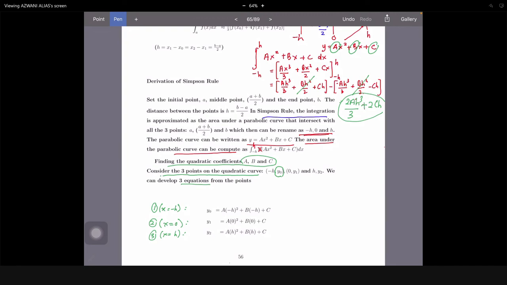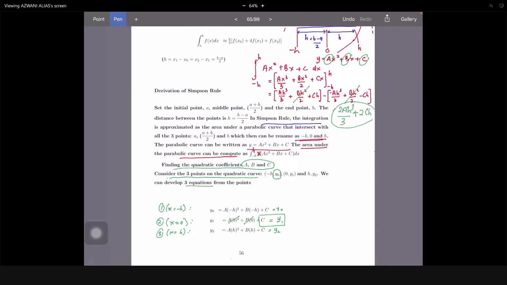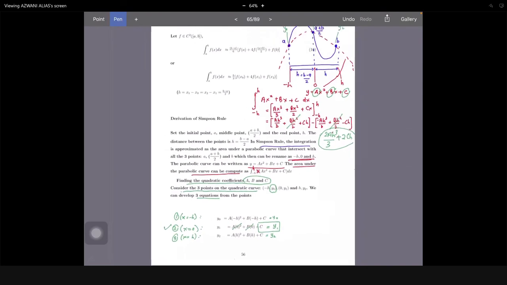Okay. So akan dapat this part, this is cancel semua. You akan dapat C which is Y1. Terdapat satu value of C which is Y1. And this is Y0 and this is Y2. Okay, so what's next? Apa yang dia buat? So kira dia, yang ni dah solve. Now dia guna equation 1 and equation 3 untuk dapatkan term A and B.